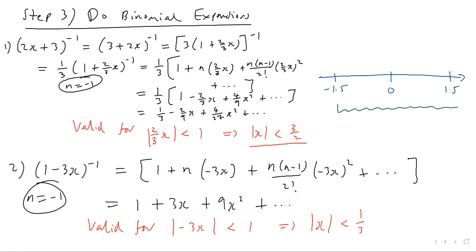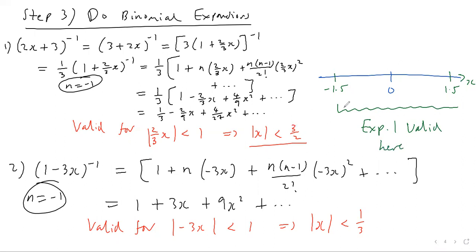So this is the x number line, and expansion 1 is valid in this range of x values, because the size of x is less than 3/2.